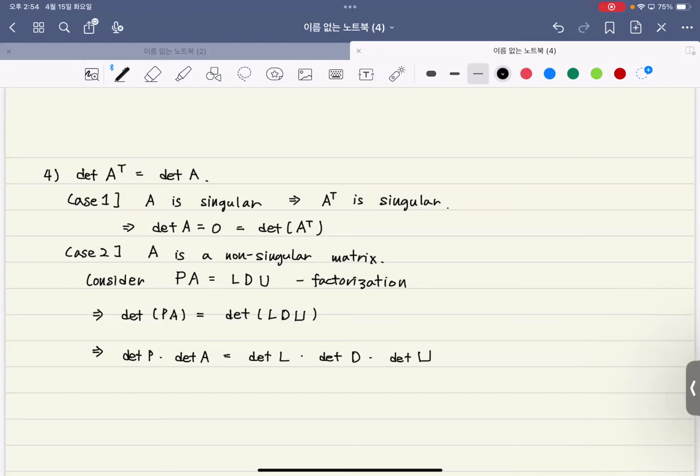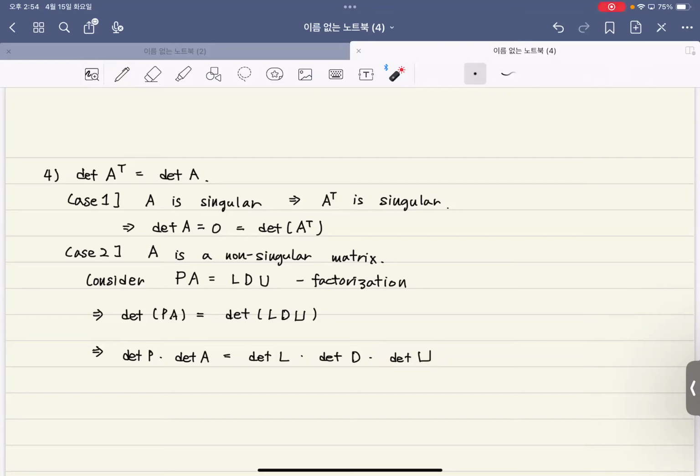I am pretty sure that the determinant of this matrix must be 1. Why? Because, just remember the LDU factorization. What is the LDU factorization?